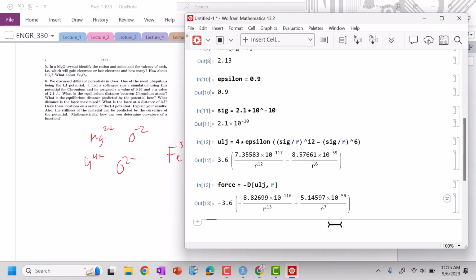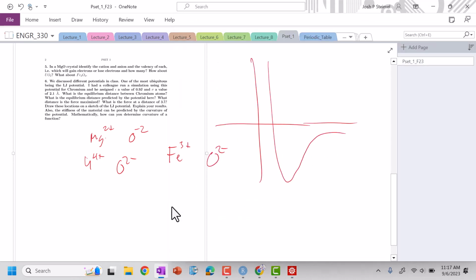All right, so we are looking at first, we discussed the potentials. Cohesive energy for chromium: what is the equilibrium distance between chromium atoms? So our equilibrium distance is going to be basically always this 2r distance between one another.